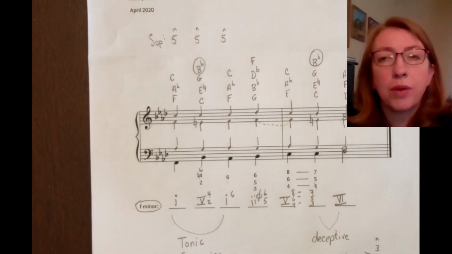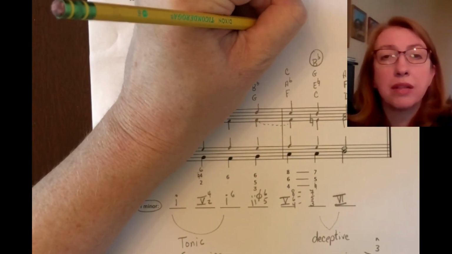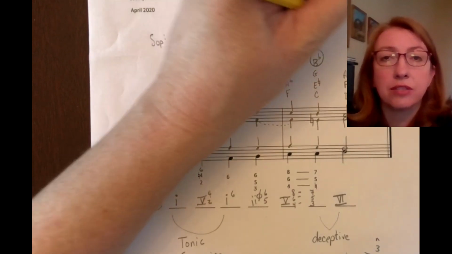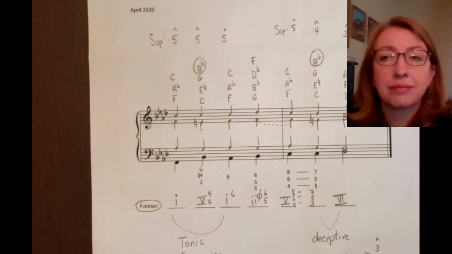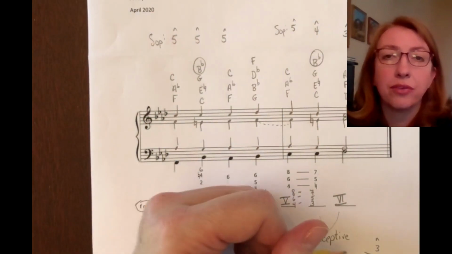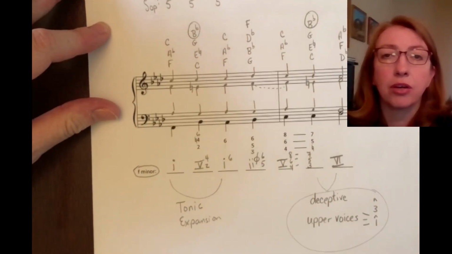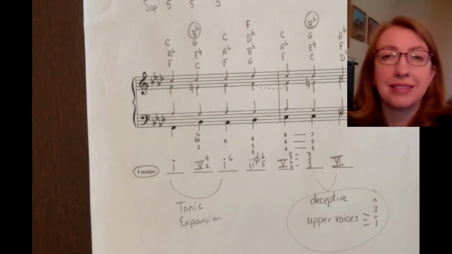At the cadence, when our bass had scale degrees 5-5-6, we used a soprano line here of 5-4-3, which is one of the patterns we studied in cadential 6/4 part writing. And we did check to make sure that our deceptive cadence moved all of our upper voices, tenor, alto, and soprano, into scale degrees 1 and 3 at the end of our chord progression in every case.